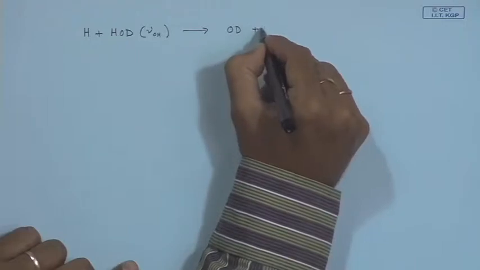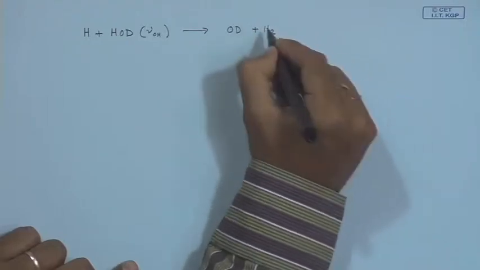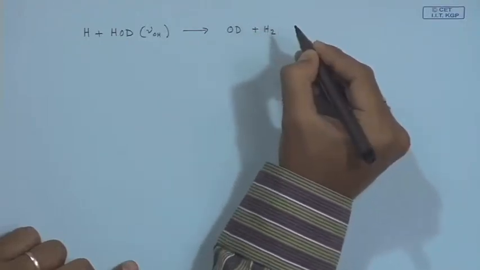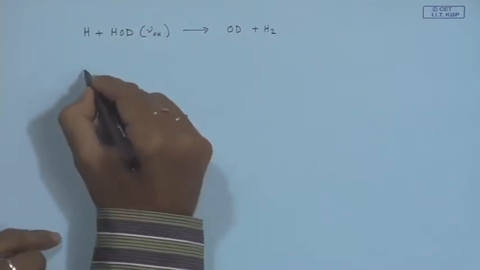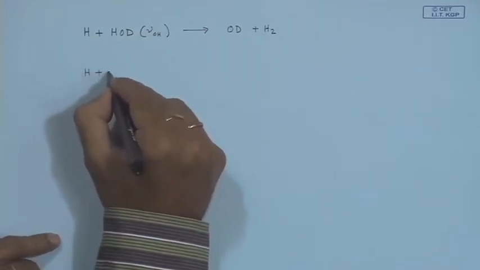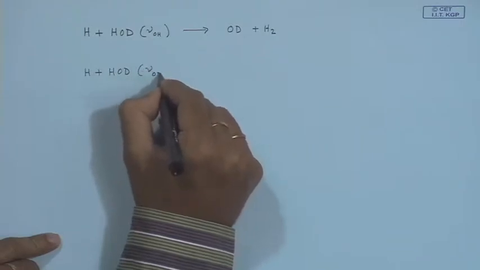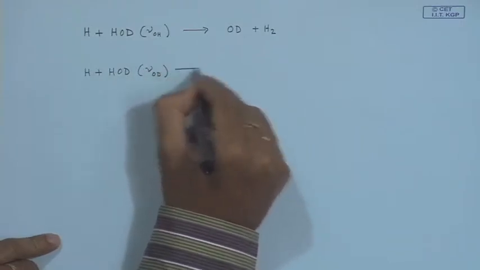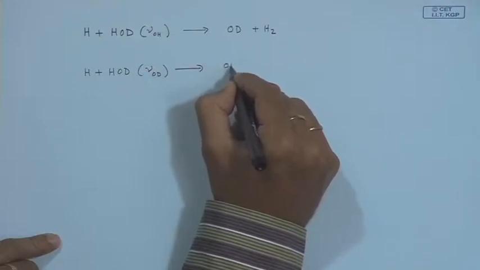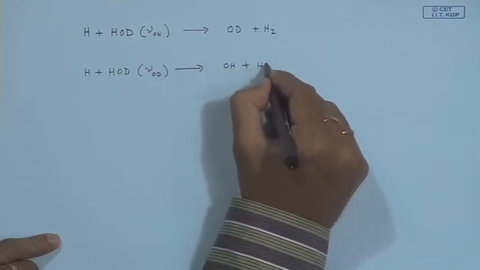Or if you do the other mode selective option, H plus HOD with nu OD excited, then you will have OH plus HD.